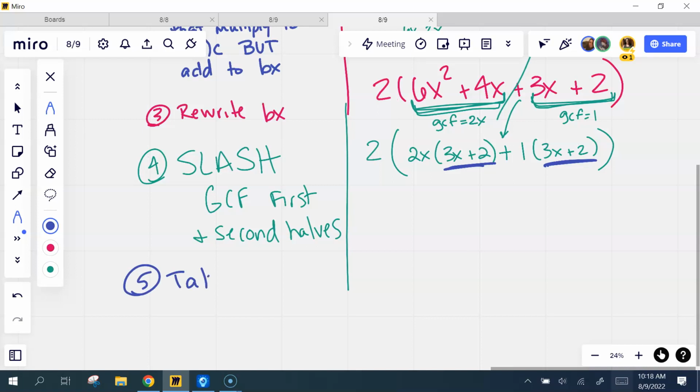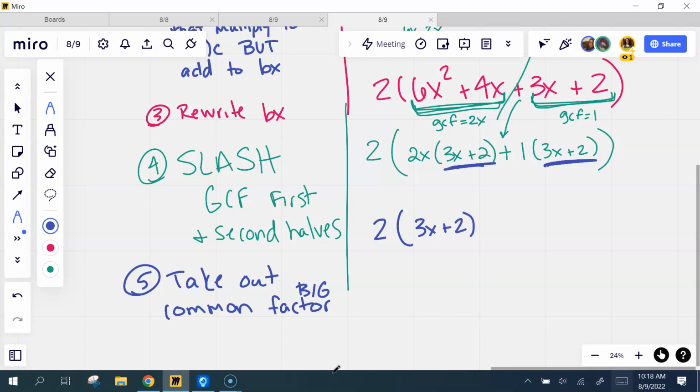So take out the common factor. I'm going to put the common big factor. 3x plus 2 is shared by both of these. So I'm going to have 2 times, I'm going to take the 3x plus 2 out.